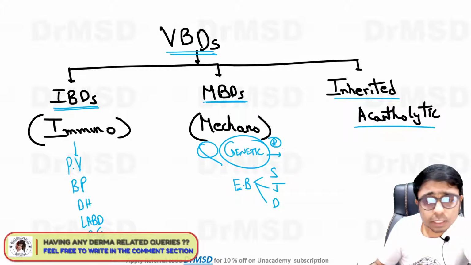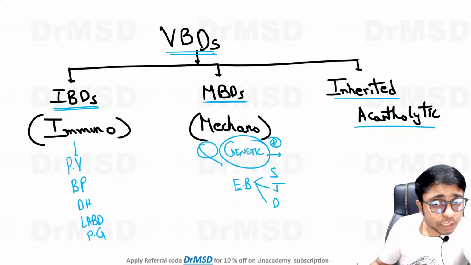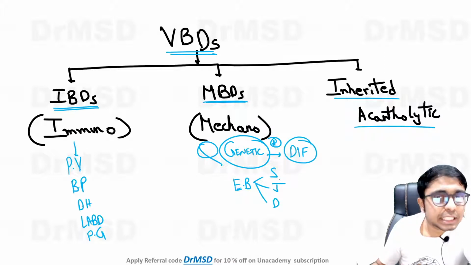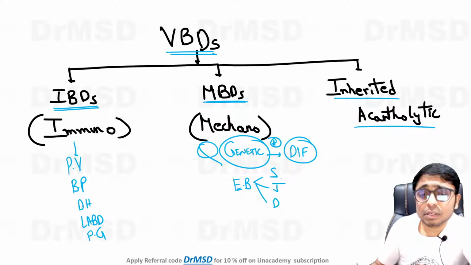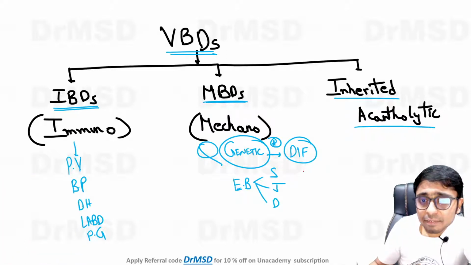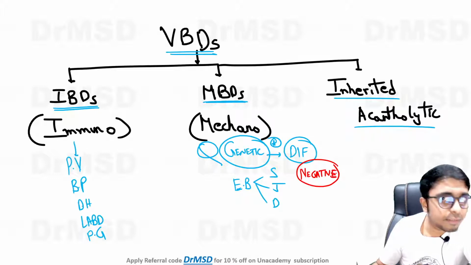Why am I telling you this? In the exam I have seen that epidermolysis bullosa simplex, junctional, dystrophica were given, and you were asked what will be the DIF finding in these diseases. Please remember, these are all genetic disorders. So in the DIF there will not be any fluorescence, and it is going to be a negative DIF finding.